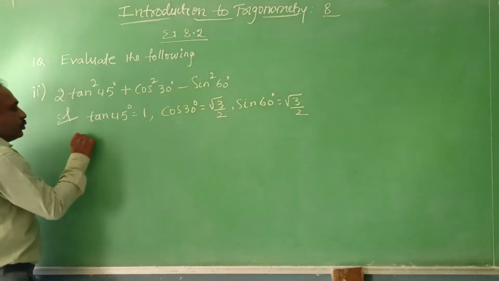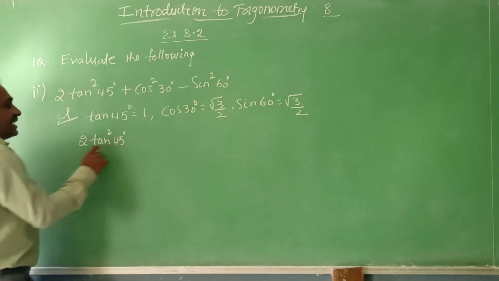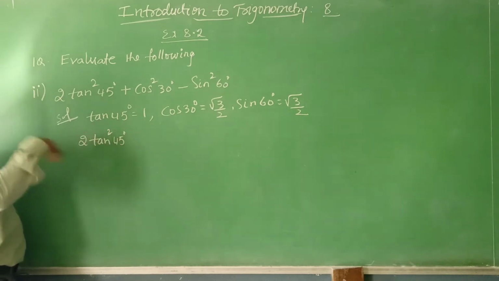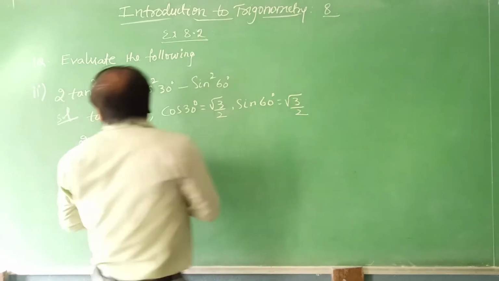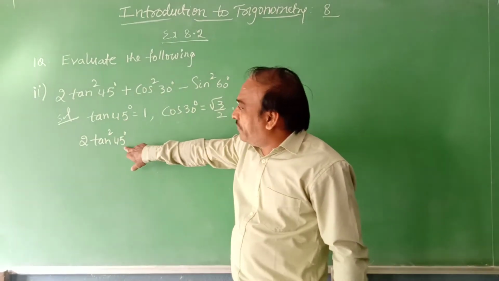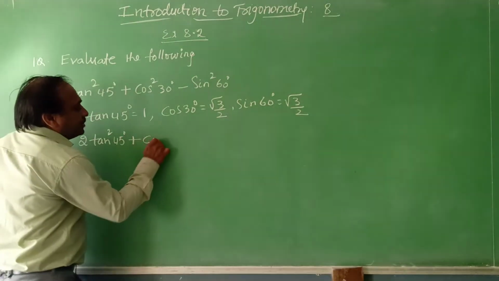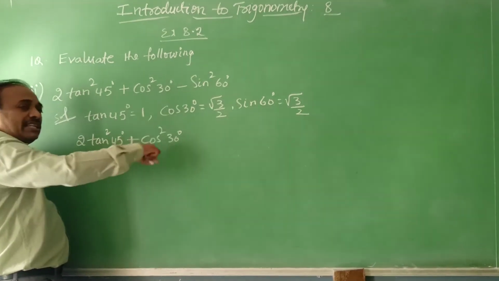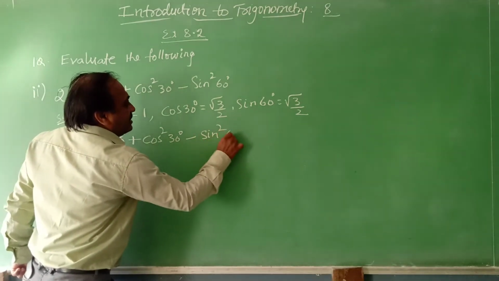So that is 2 tan square 45 degrees. Here tan square 45 means the value of tan 45, whole square. Plus cos square 30 degrees: similarly, the cos 30 value, whole square, minus sin square 60 degrees.